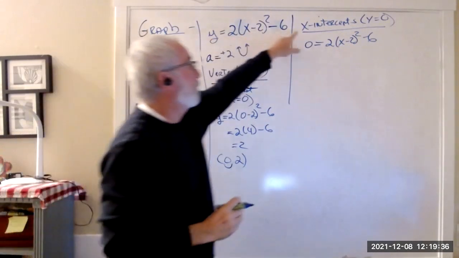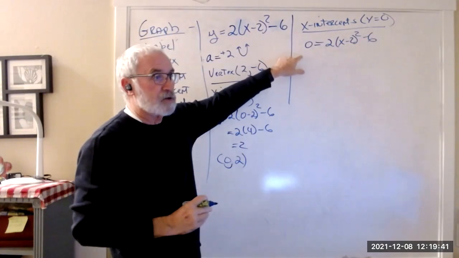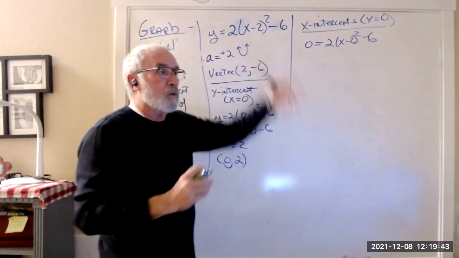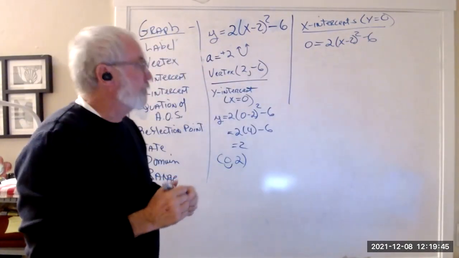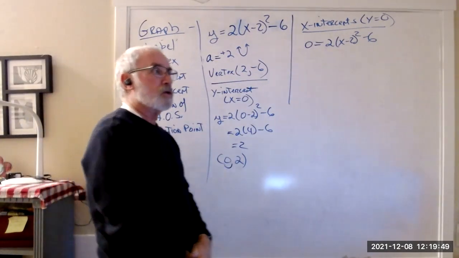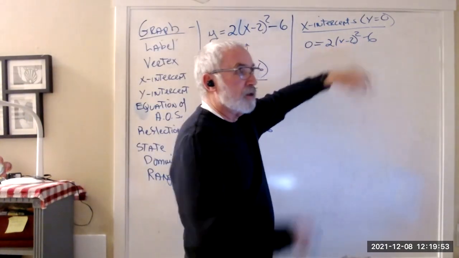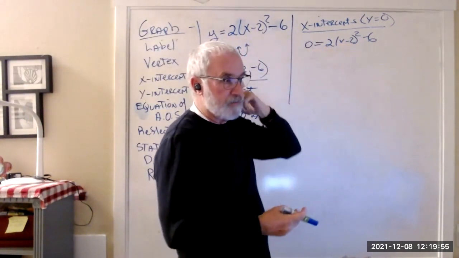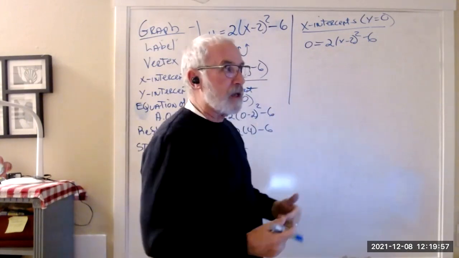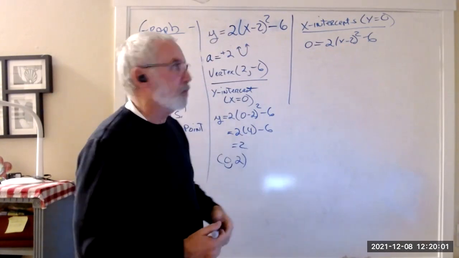I want to find the X-intercepts. So I set Y equal to 0 and I get this. Now I have to solve it. We talked last week. There's a bunch of ways you can solve this. One way is you could square this out and then try to refactor it again. The quickie way is to use what was called the square root principle.